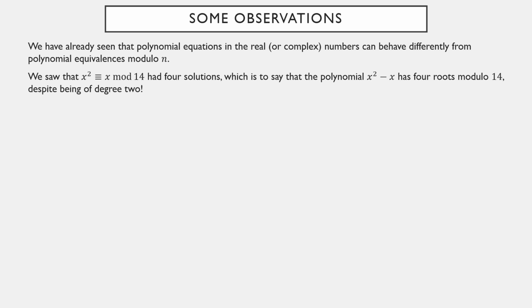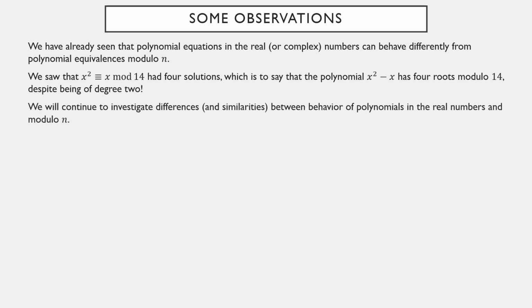So we can say the polynomial x squared minus x has 4 different roots modulo 14. So even though it's a degree 2 polynomial, there were 4 distinct roots as long as we're working modulo 14. So we're going to continue to investigate differences and possible similarities between how polynomials behave in the real or complex numbers and how they behave modulo n.